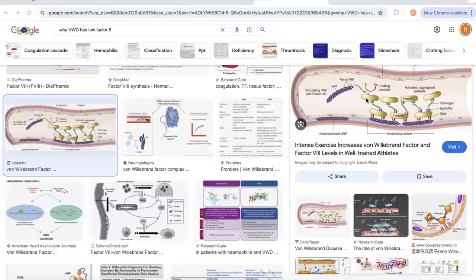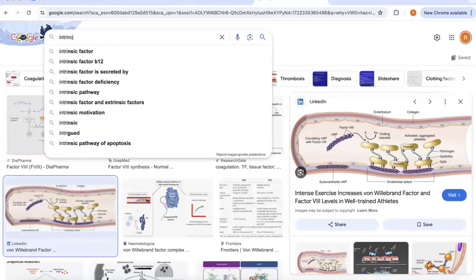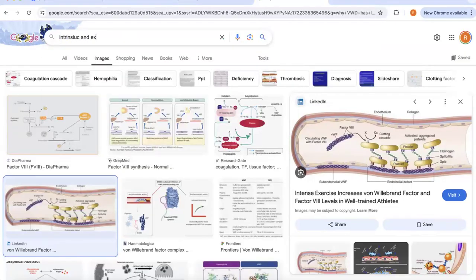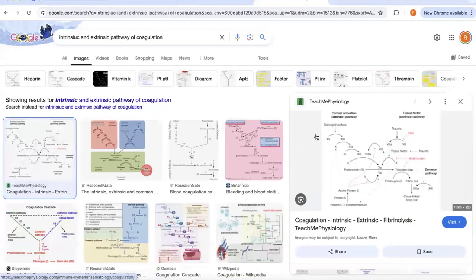Okay, now factor 8, does it actually manage the intrinsic pathway or the extrinsic pathway? Anyone knows? Remember we discussed? So if you see here, the intrinsic pathway and the extrinsic pathway over here.